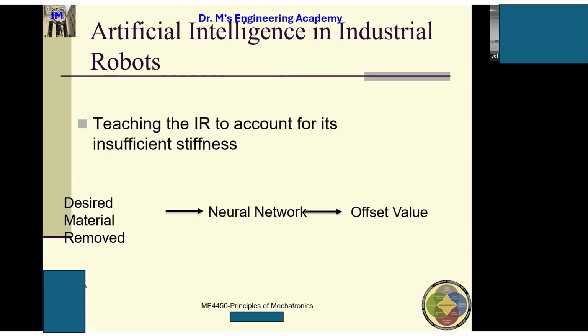Right? So desired material removed, neural network, and you get an offset value of your depth of cut. When you put your hand in your position, you must take care of this offset value. Otherwise, the surface will not be the desired one. Okay?